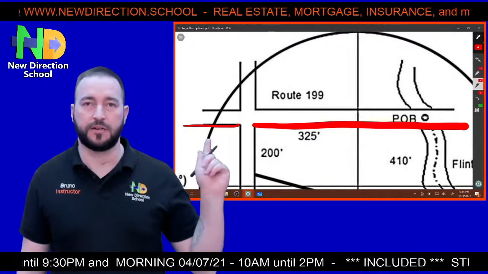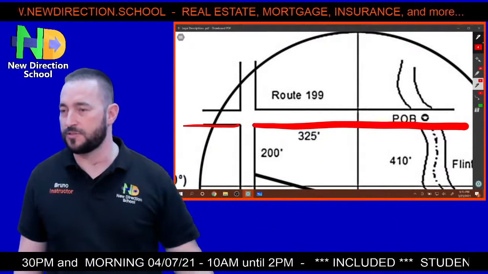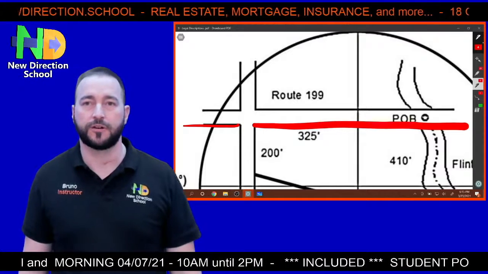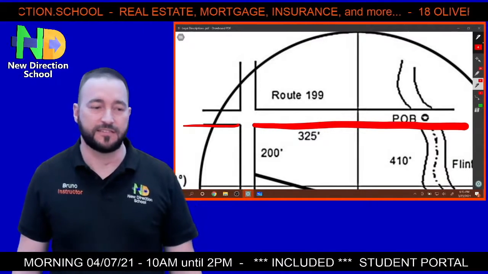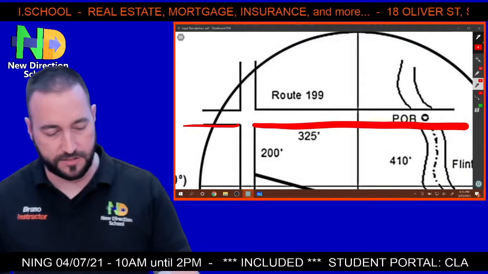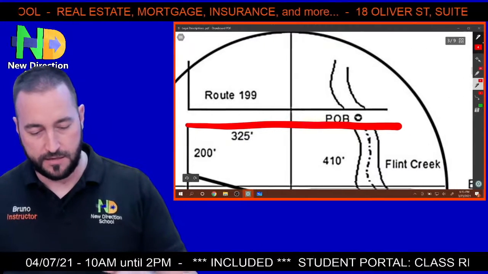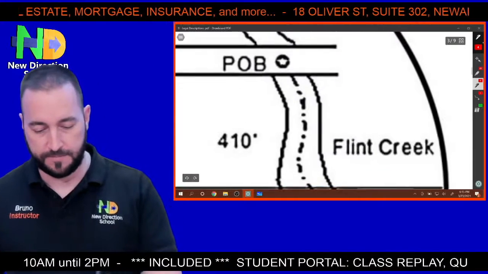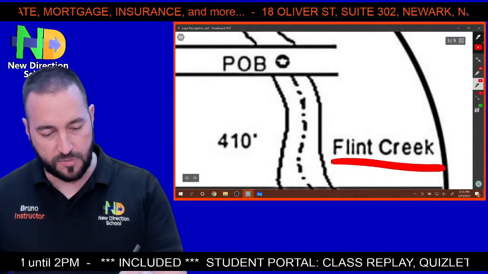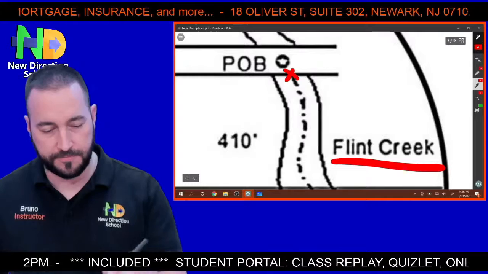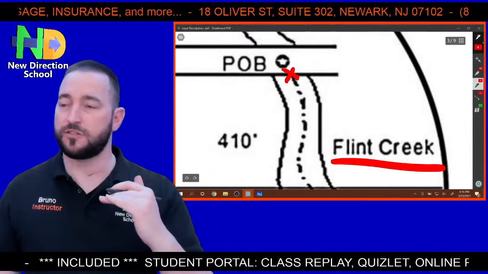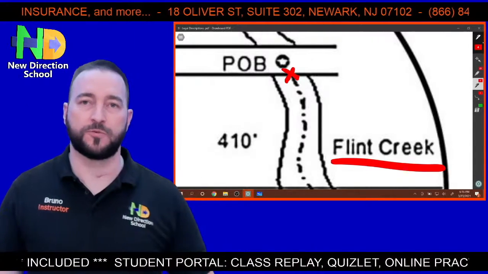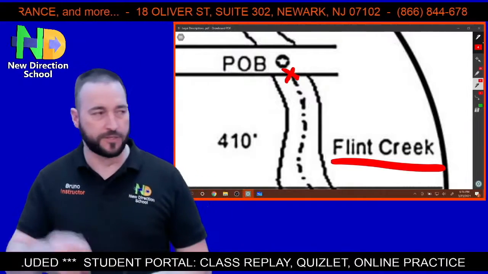Is it going to be on this side, or is it going to be on that side towards the river or the creek? If it says in the middle of the creek, then we're going to go towards the creek. So this does not matter. Now we identify it's the south line. Here's Flint Creek, right? That means our property line begins right here on the south line, so the one below, and then the middle of the river, or creek, I'm sorry.